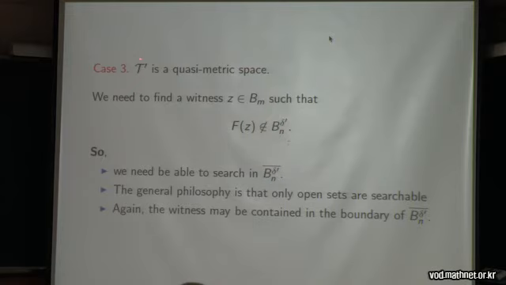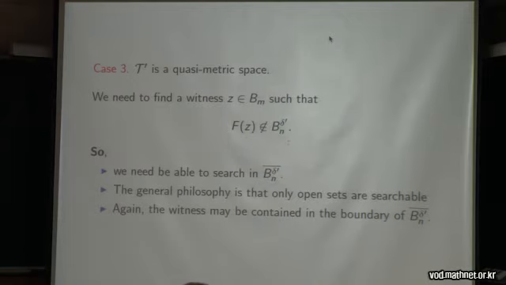And again, we need to be able to search in the complement of this set, just to find such a witness z. And again, the general philosophy is that only open sets are searchable. And again, we have the case that the witness may be contained in the boundary of B delta dash n.